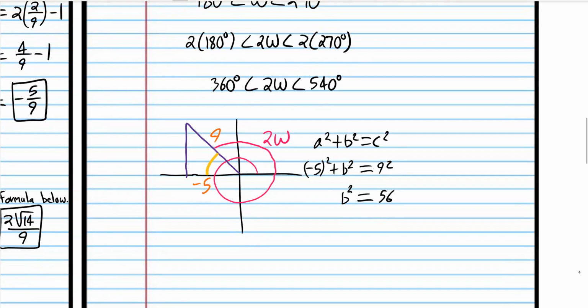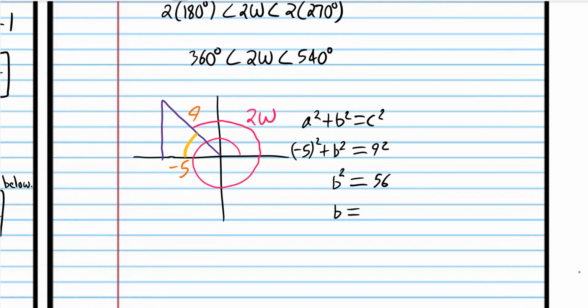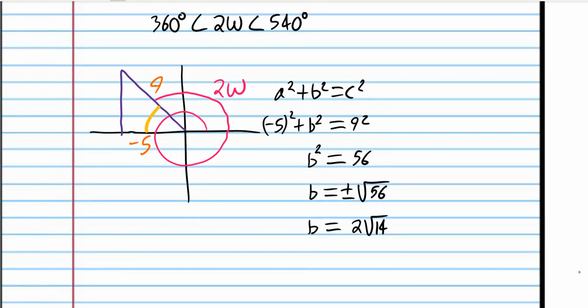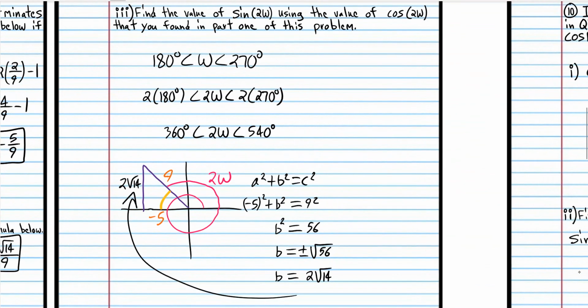B squared is equal to 56, and b is equal to plus or minus root 56. And 4 times 14 is 56, so the 4 can come out as a 2, and the 14 will stay in. And we can see that that's going to be a positive number because that side of the triangle is above the x-axis. So now we can find sine 2 omega.